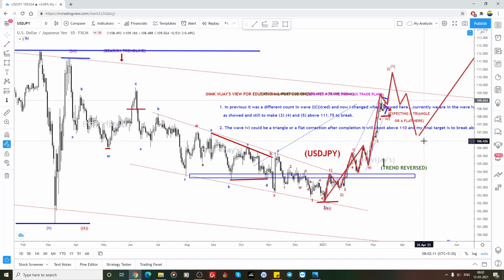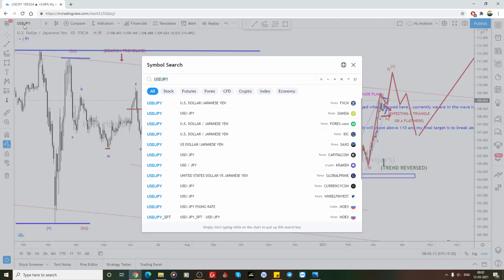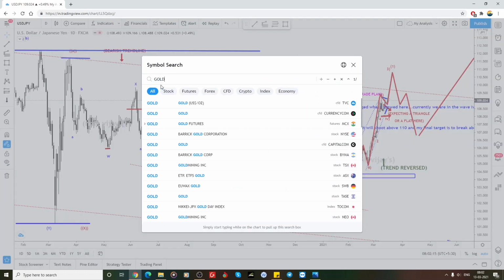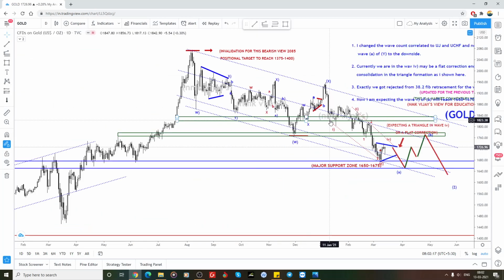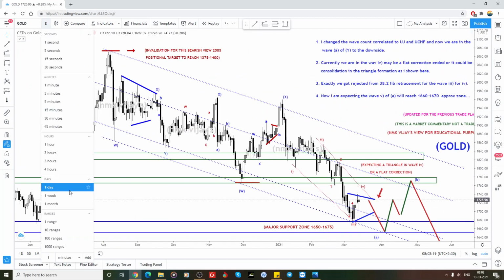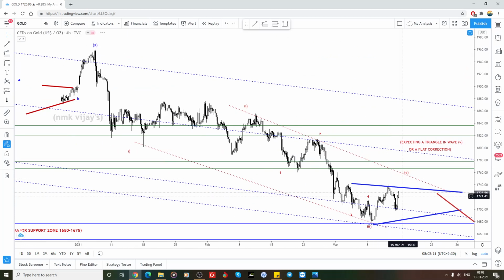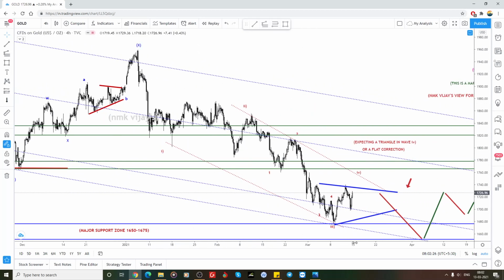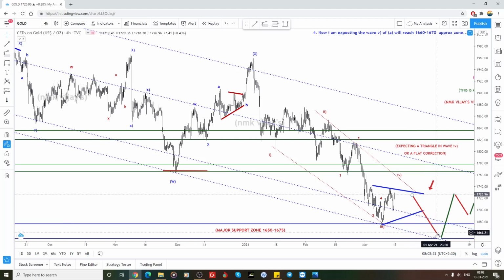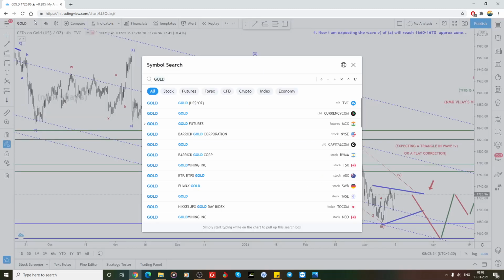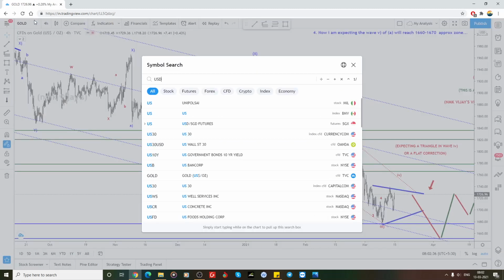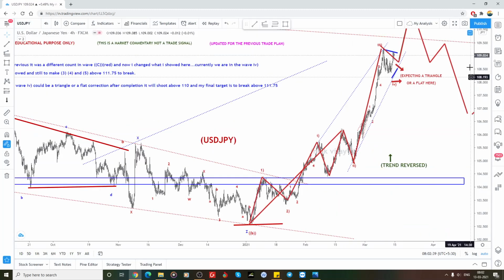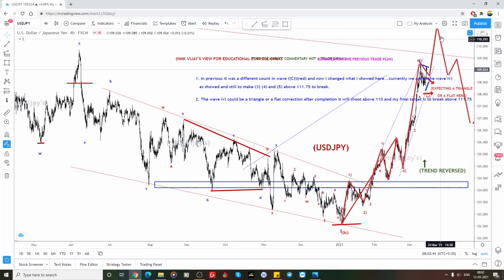After it gets rejected in the 3-wave structure, I'm correlating gold with that also. That is why I'm explaining several times here this 1 2 3, and I'm expecting a triangle fourth. And if gold declines from here to 1660, at that time USD JPY may also see a rejection from here.